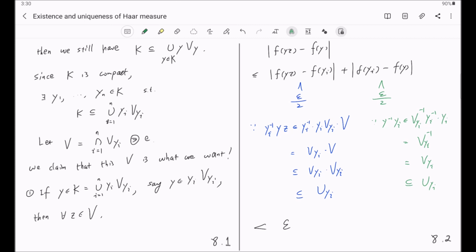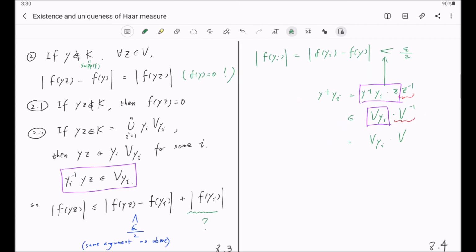This is obvious. And because v is the intersection of those v sub yi's, in particular it is contained in v sub yi. And v sub yi times v sub yi is contained in u sub yi. Now we have shown that y inverse times yi is in u sub yi.